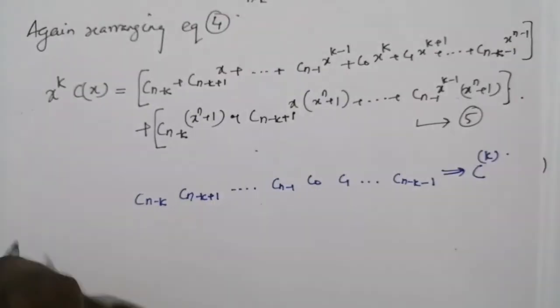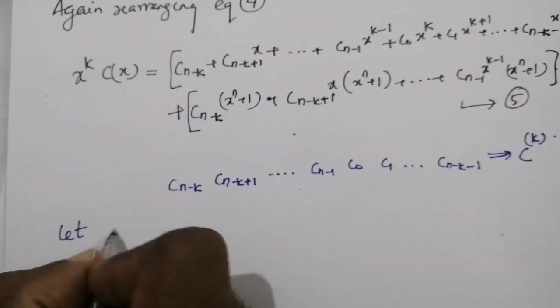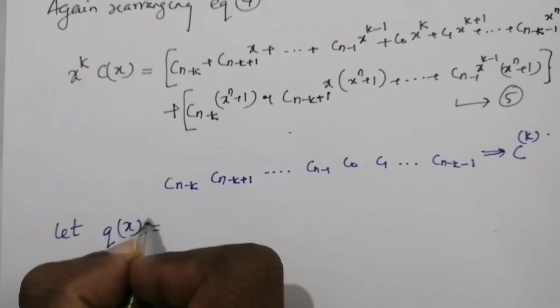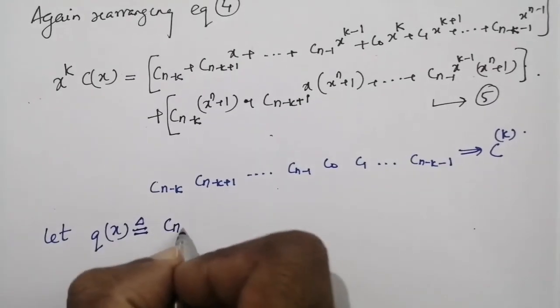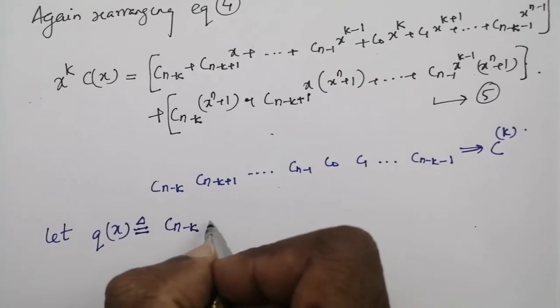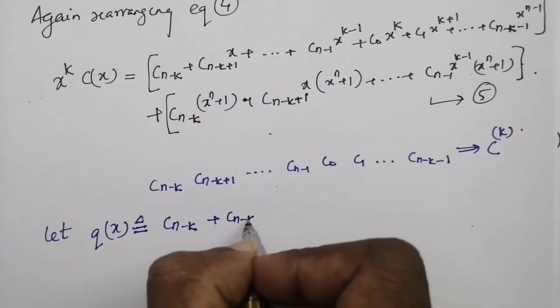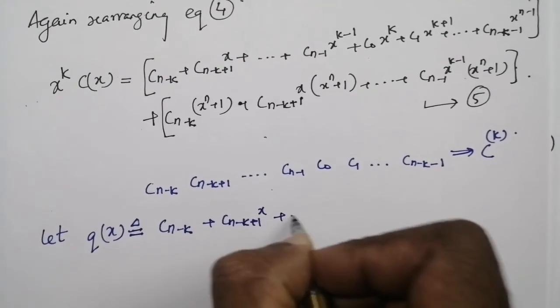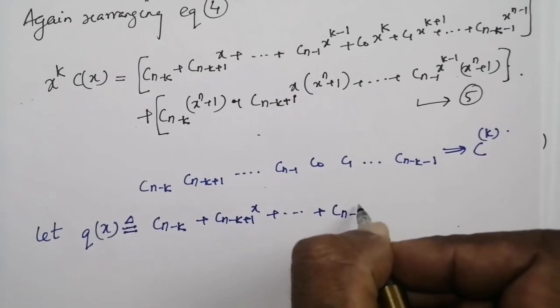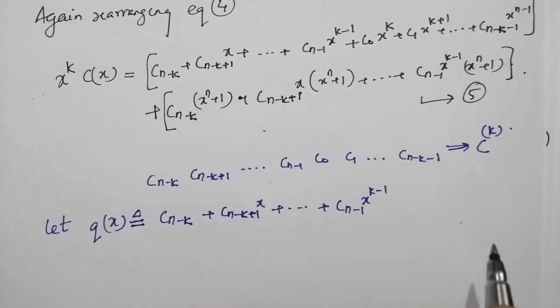Now let q of x equal to, I am defining a new term, that is q of x equal to cn minus k plus cn minus k plus 1 x plus etc. plus cn minus 1 x raised to k minus 1.